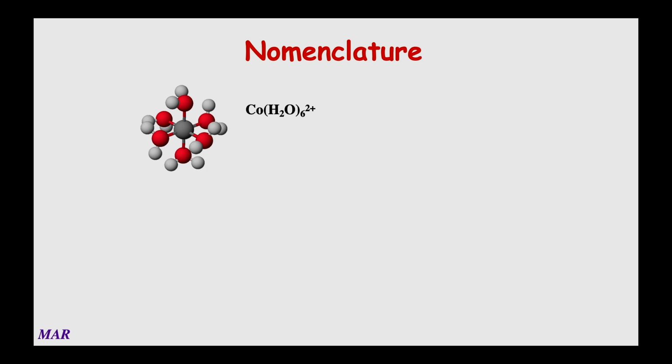And if you remember from the previous slide, water is aqua. So this thing is hexaaquacobalt(II). It's the hexaaquacobalt(II) ion, if you want to be official. All one big word, no spaces. Water is called aqua. Hexa is the Greek prefix for 6. Hey, you've done your first coordination compound nomenclature.